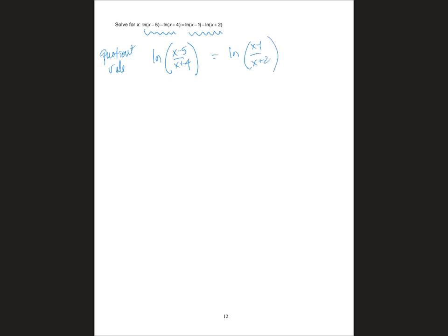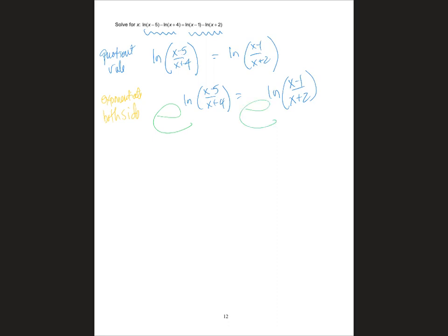Now, at this point, I see I have natural logs on either side. How am I going to get rid of the logarithmic part of this? Well, I can exponentiate both sides. And what that means is I'm going to take each side of this equation and make each side the exponent to a base e.